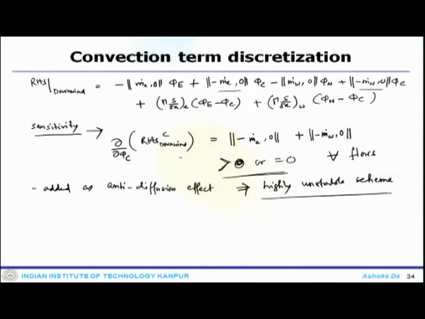So, on one hand you get the upwind scheme, which is stable but of lower order accuracy. The CD scheme has some sort of a problem, and this one is unstable, and by the way, it is also first order accurate.